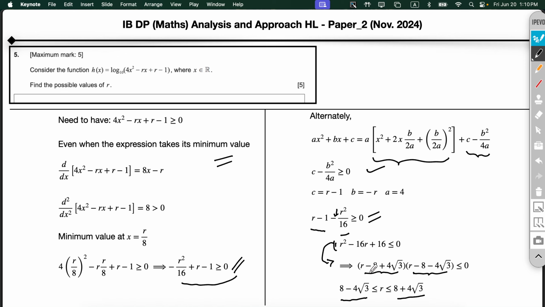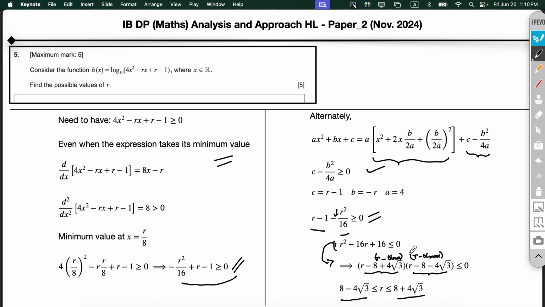If that is the case, then these factors, r minus alpha minimum and r minus alpha maximum, maximum being 8 plus 4 root 3 and minimum being 8 minus 4 root 3, then r minus alpha max will be negative, and r minus alpha minimum will be positive.